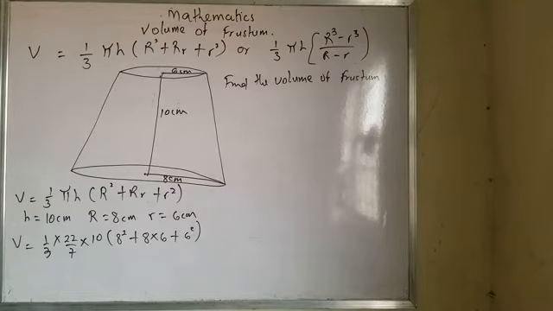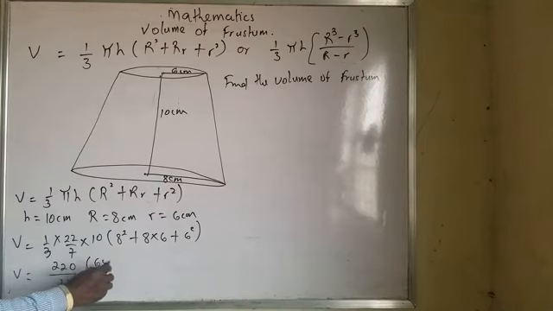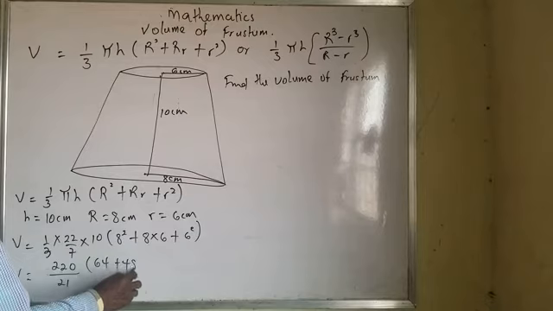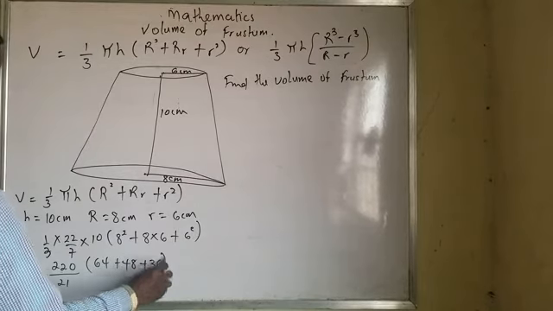Now, can you cut anything for now? You don't need to cut anything. If I were you, I can say 220 divided by 21 bracket of 64 plus 48 plus 36.